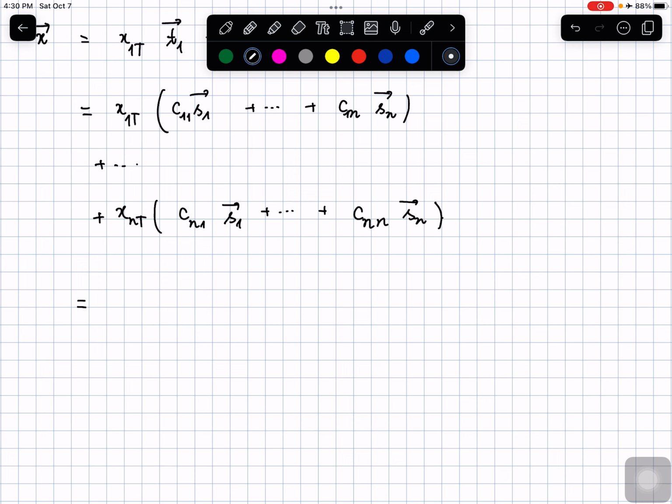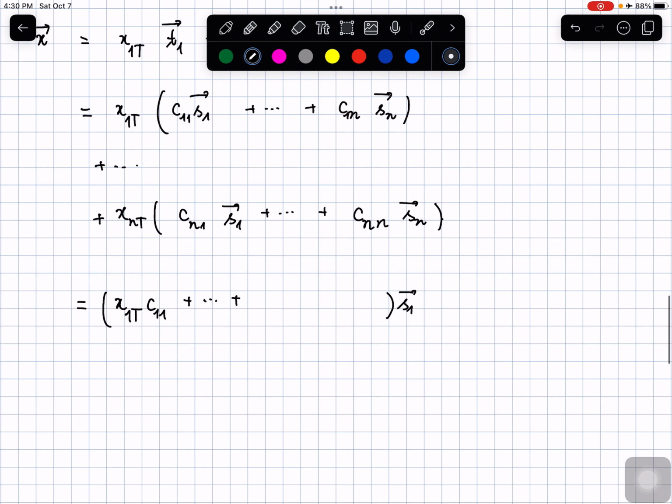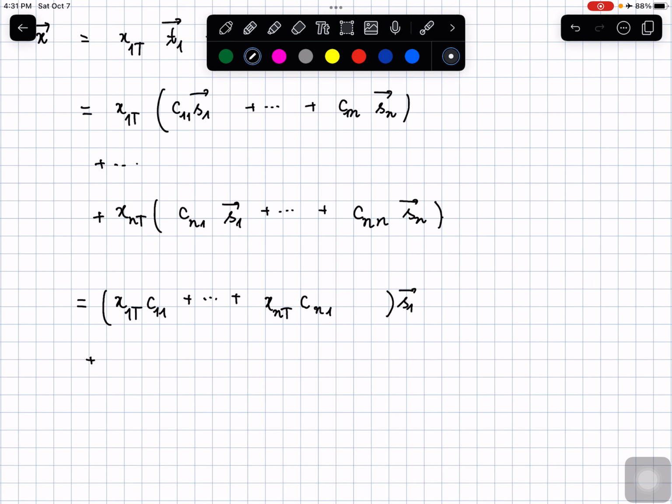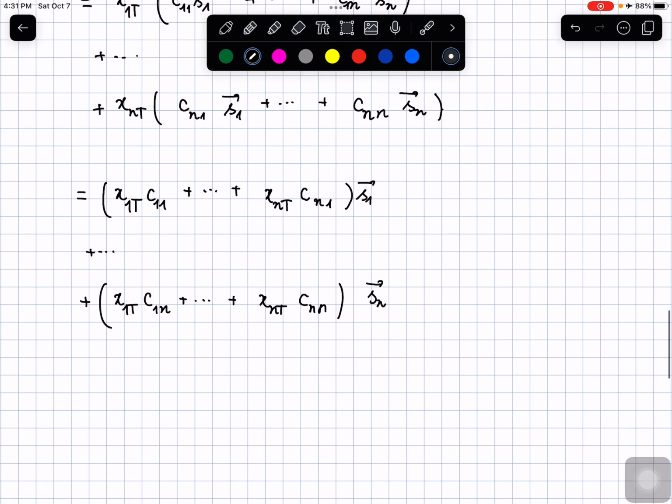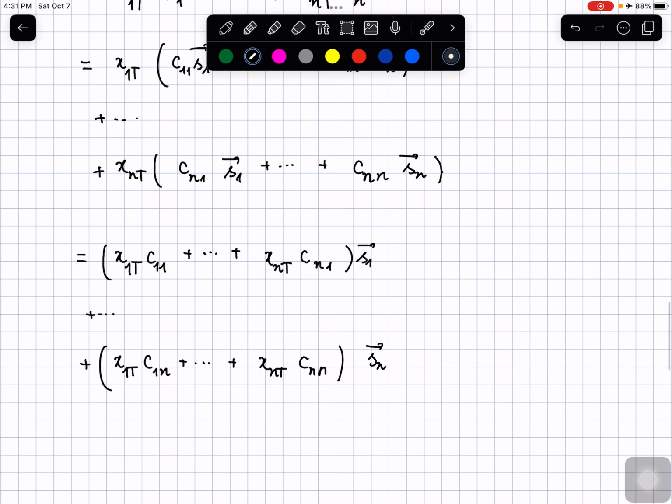So we have S1 with coefficient x1t C11 plus up to xnt Cn1. Now we group for Sn: Sn with coefficient x1t C1n plus up to xnt Cnn. Okay, so now what is this exactly?